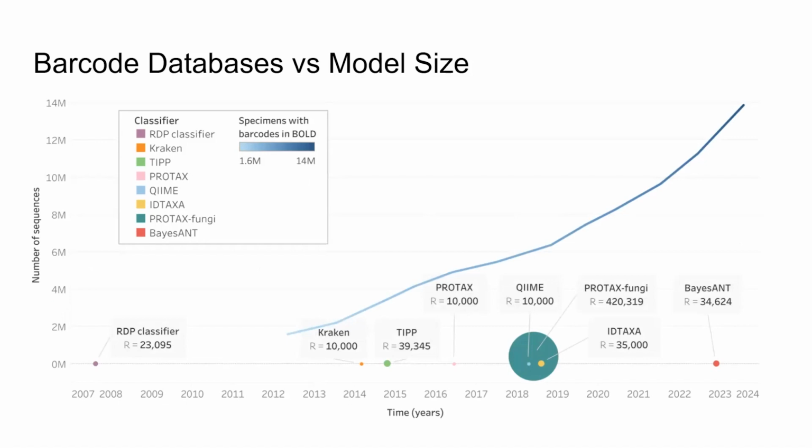What we see here is that the amount of data that we have still grows much faster than the models we have which are able to utilize it. Ideally, we would want to incorporate the entire reference sequence database into a model. As you can see, analyzing these ever-expanding datasets poses both a computational and a statistical challenge, since larger databases tend to also contain a greater number of erroneous sequences or incorrect taxonomic labels.